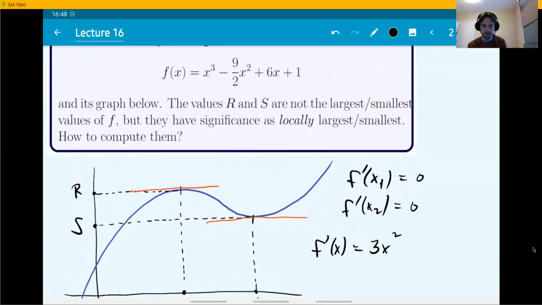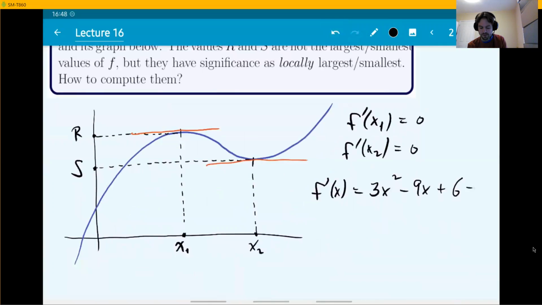X cubed becomes 3x squared. The x squared term, because of the power rule, this 2 is going to go outside, multiplying the fraction 9 over 2. So that's just going to give you minus 9x. The 6x, the derivative of that becomes 6, and then the plus 1 has a derivative of 0.